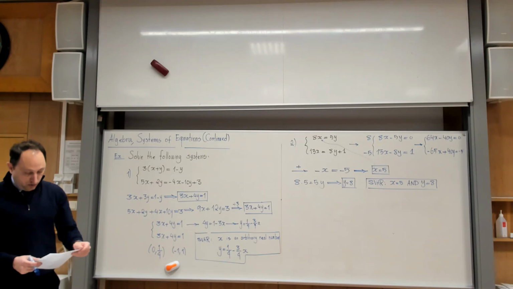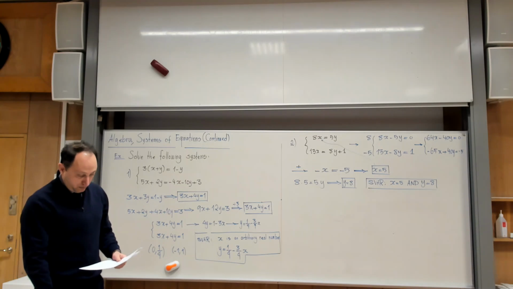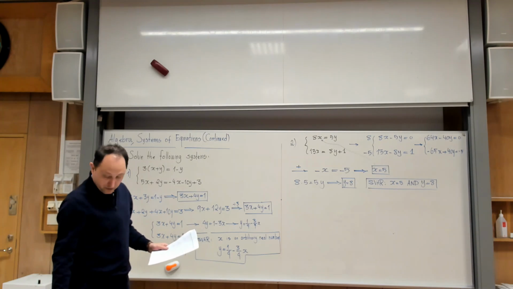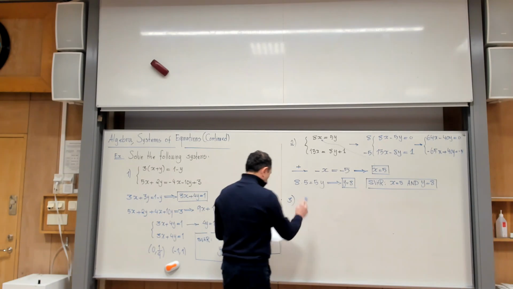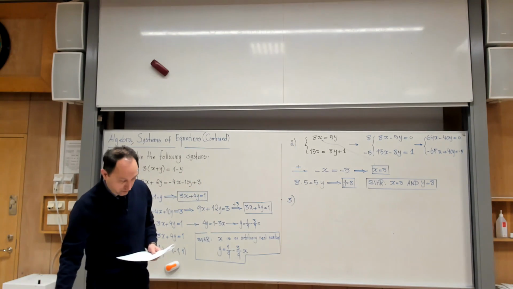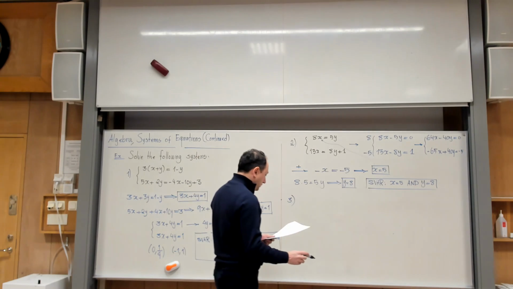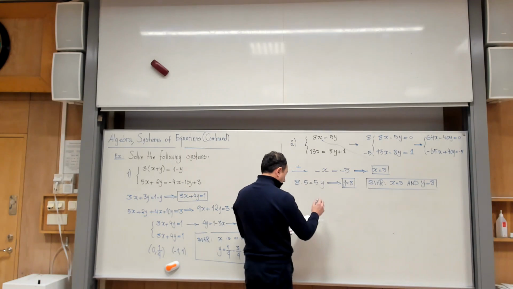Okay, so let me see if you can manage solving these. So number 3. What is your opinion about this? I would rather give you a little bit of time to think about it yourself, okay?